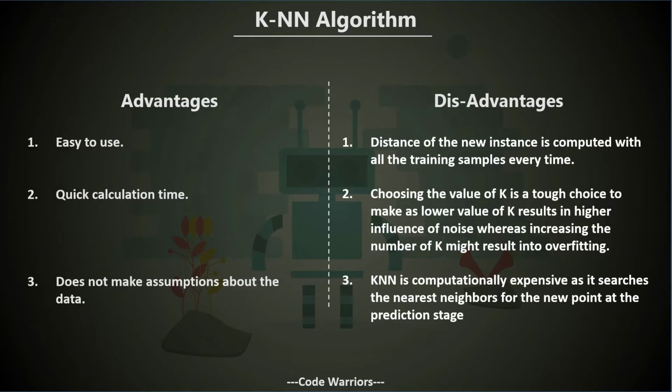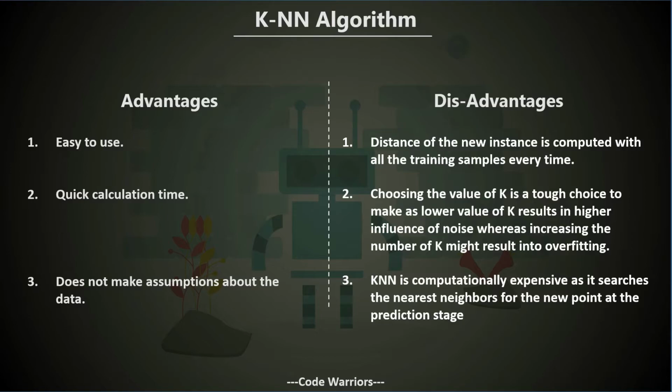Now the second is that choosing the value of k is a tough choice to make, as a lower value of k results in higher influence of noise, whereas increasing the value of k might result in overfitting.